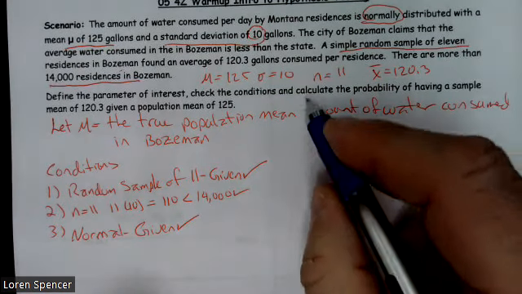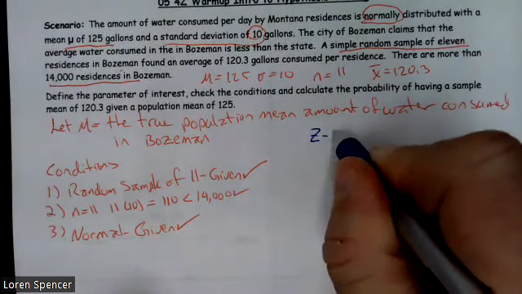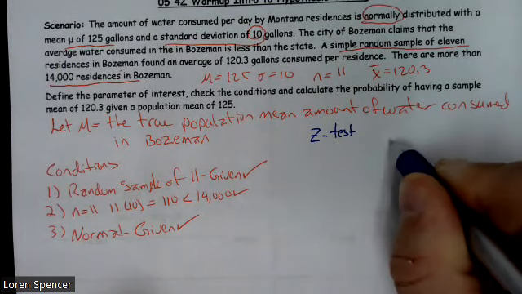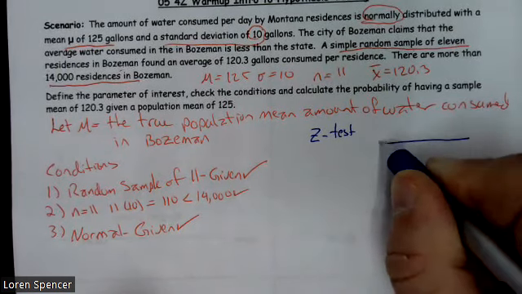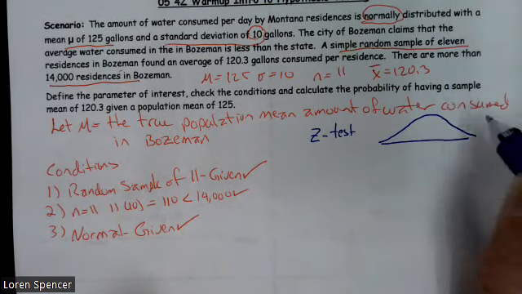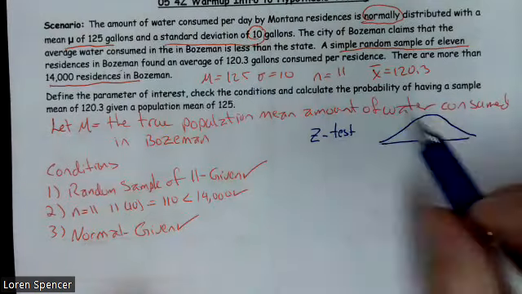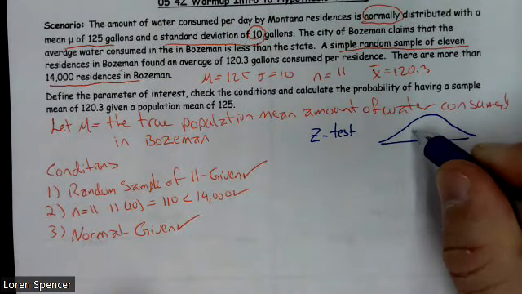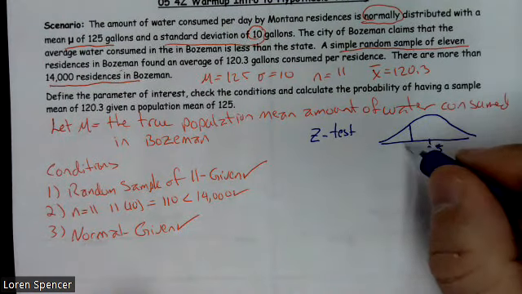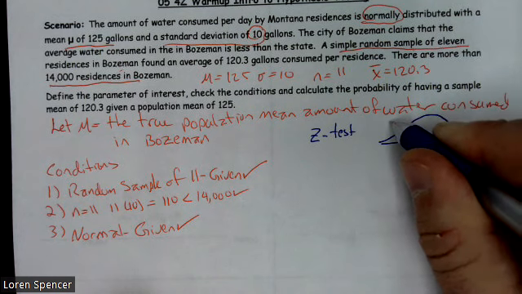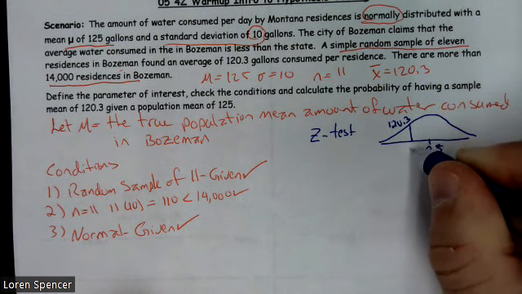All right, so this is going to be a z-test. Let's draw a picture of that. The population mean is 125, but we ended up with an x bar of 120.3.